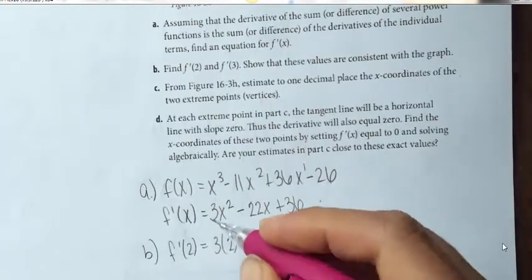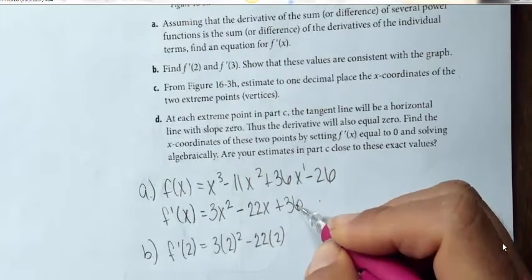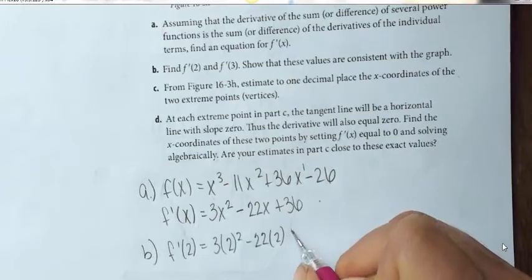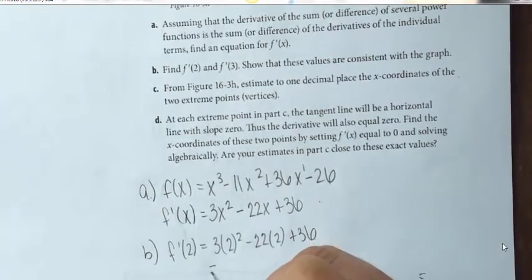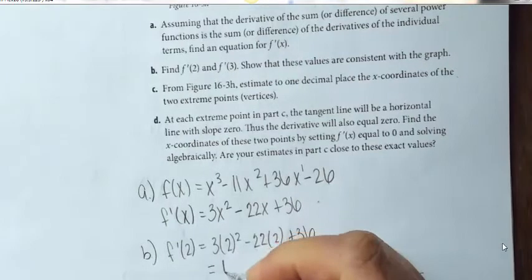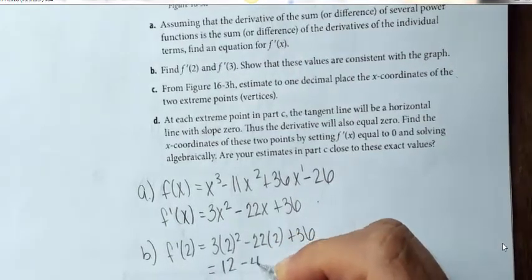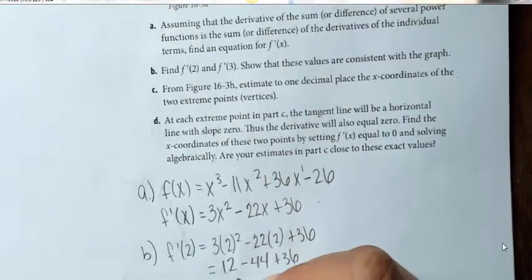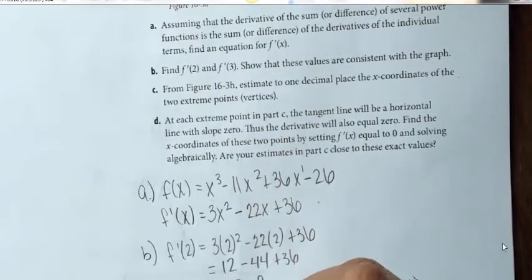So you have to find the derivative function first. Then you plug in your 2 or your 3 or whatever they're telling you to plug in. So that's going to be 12 minus 44 plus 36, or 12 minus 8, which is 4.